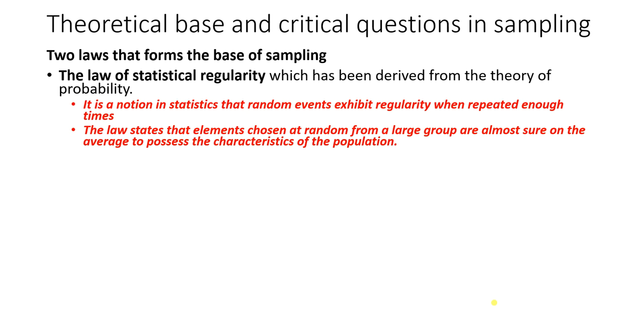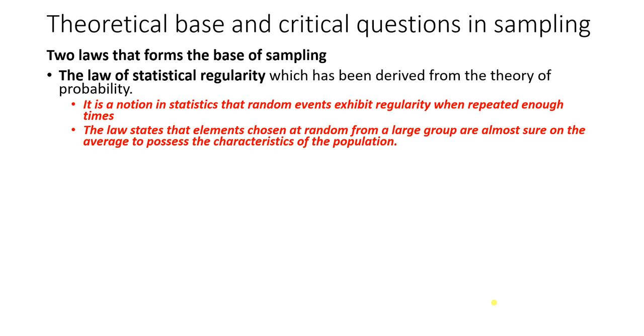But if we throw the dice several times, as the number increases, a point will come where the probability of a given outcome, say coming six out of the total possible events, will become stable, fixed.